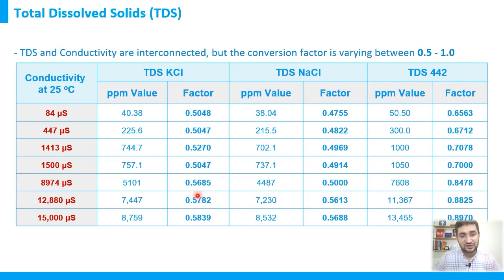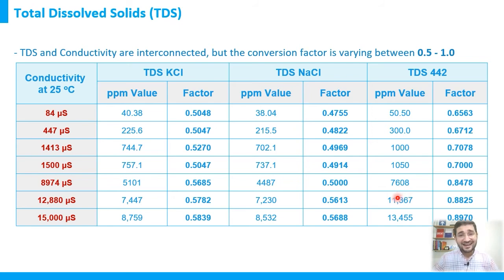And you see the conversion factor here 0.5, here 0.49, and here 0.7. You see, if you measure the same sample using the KCl option, you'll say that, okay, my TDS is 757 ppm. But if I did the measurement through the option of 442, I'm going to get 1050. Okay, so there's a big difference when you change the measurement option.